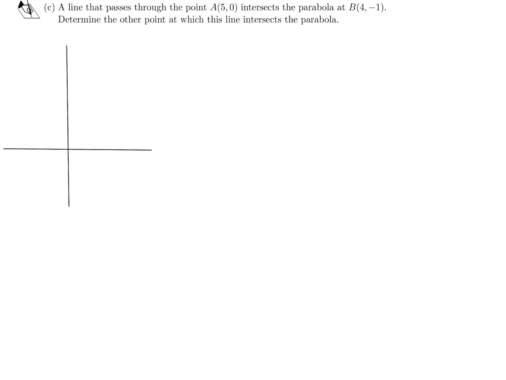So we have been told that this parabola, I don't know what it looks like, but let's just say it looks something like this, right? And there's a line that passes through (5, 0), and it intersects the parabola at (4, -1). Now this parabola we just figured out had a vertex of (5, -2).